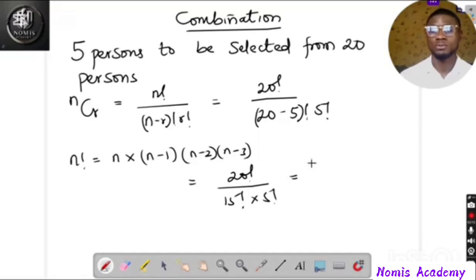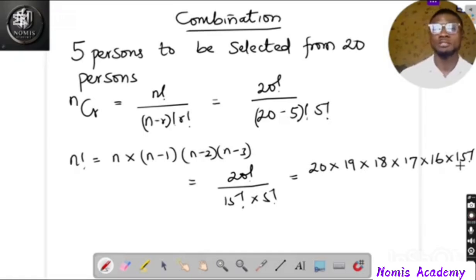So this can become 20 multiplied by 19 multiplied by 18 multiplied by 17 multiplied by 16 multiplied by 15 factorial. Do you agree with me? 15 factorial continues to be 15 multiplied by 14 multiplied by 13 multiplied by 12, like that.